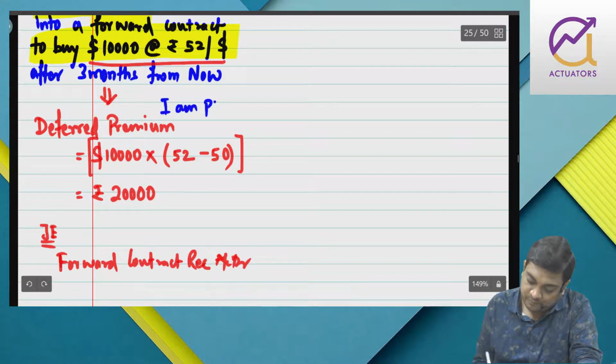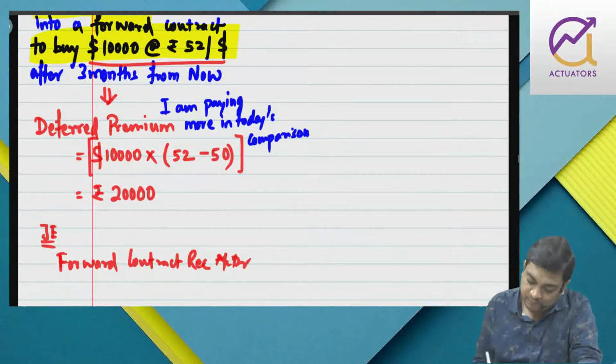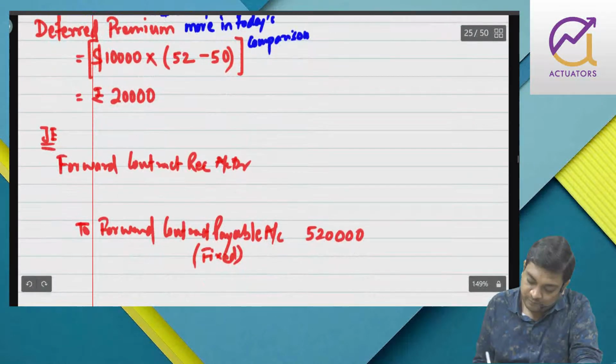I am paying more in today's comparison. So when you buy $10,000 after 3 months, you have to pay 5,20,000, and if you sell it spot today, you get 50 only.